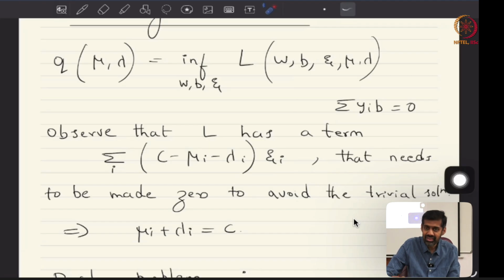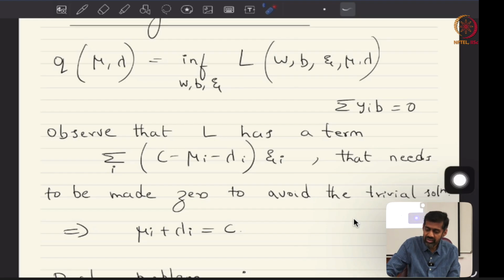Please note that the dual function is an optimization over the variables in the primal problem. It is not over the Lagrange multipliers. You understand? So any constraint that you put while constructing the dual function has to be a constraint on the optimization variables of the primal problem, either W or B, or in this case xi.